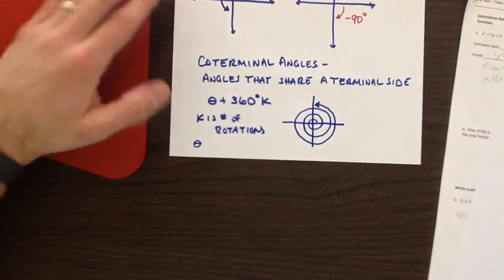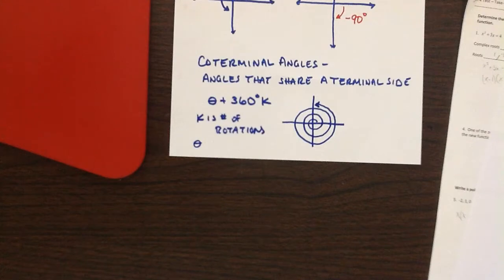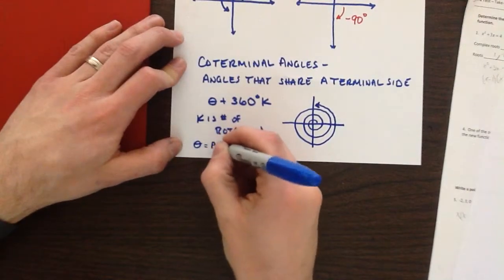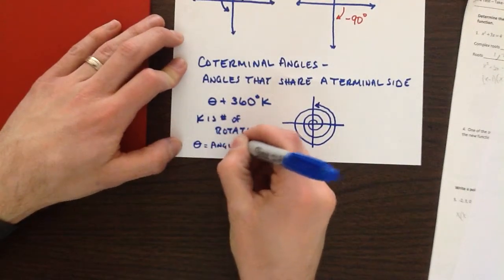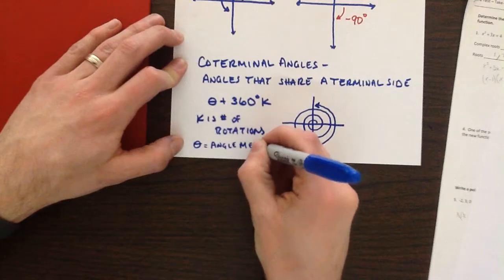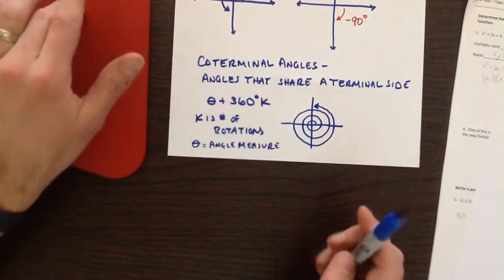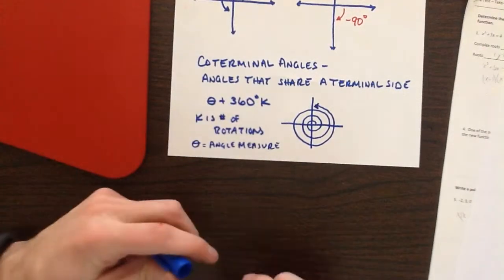The letter on front, the circle with a line through it, that is the Greek letter theta. Greek letter theta is what we use for our angle measure. So we can find coterminal angles just by adding or subtracting rotations.